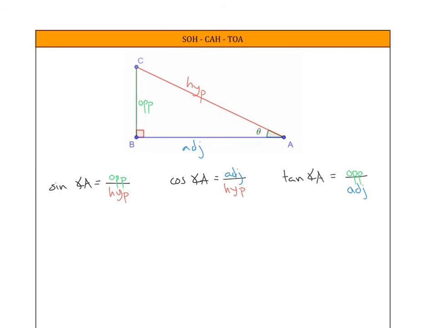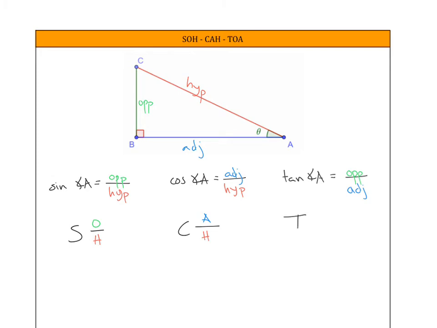All right, so here is where SOH, CAH, and TOA come in. I'm going to take the S from sine, the O from opposite and divide it by the H from hypotenuse. There's our SOH. And now I'm going to take the C in cosine, the A in adjacent, divided by the H in hypotenuse. There's our CAH.